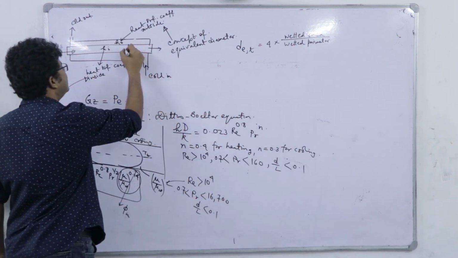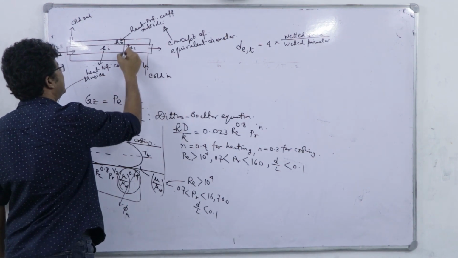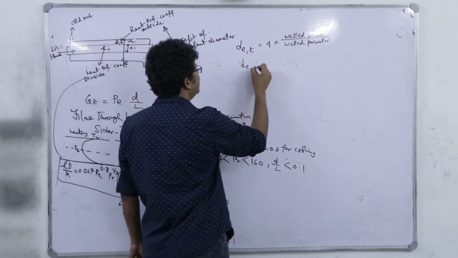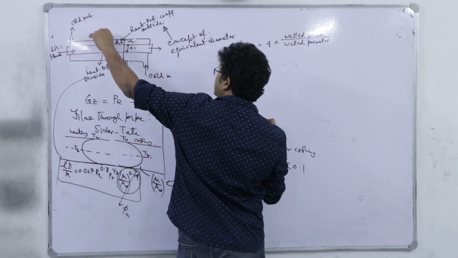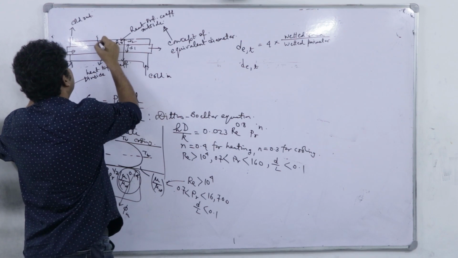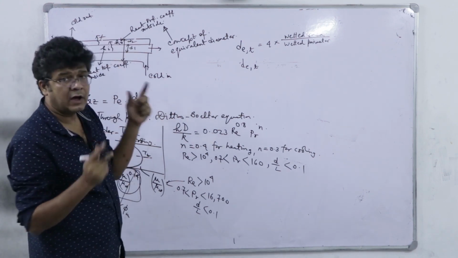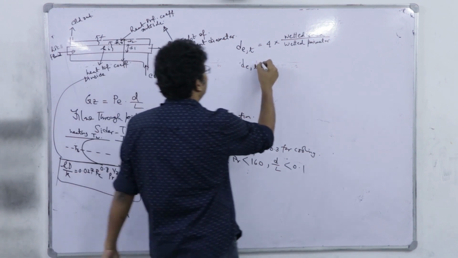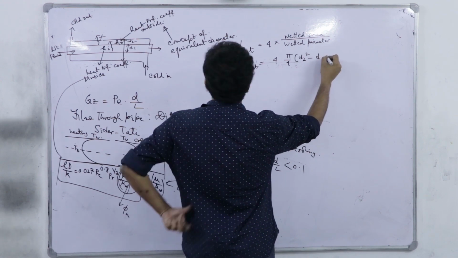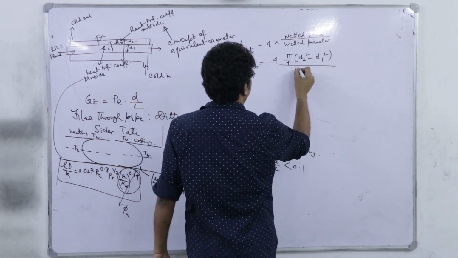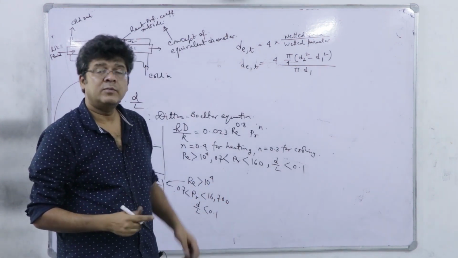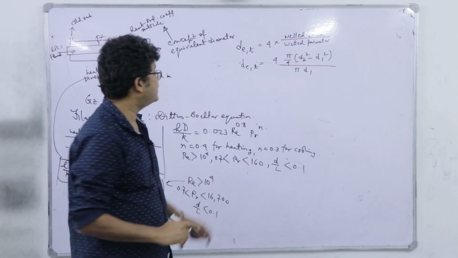See here the outer diameter is D1 and here the inner diameter is D2, right. And the outside is totally insulated. So there is heat transfer only here, but there is no such heat transfer over the outer perimeter, right. So weighted area will be pi by 4, D2 square minus D1 square, it is fine, but weighted perimeter will be only pi D1, not pi D2, right, because thermally that perimeter is not participating.